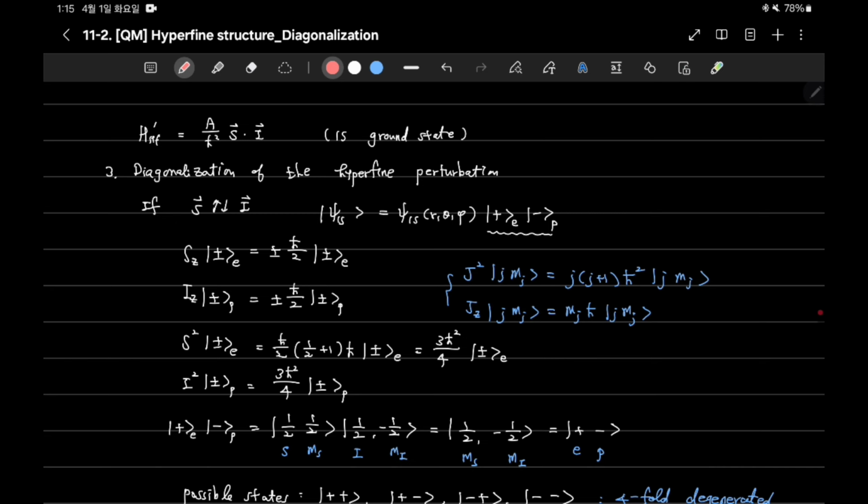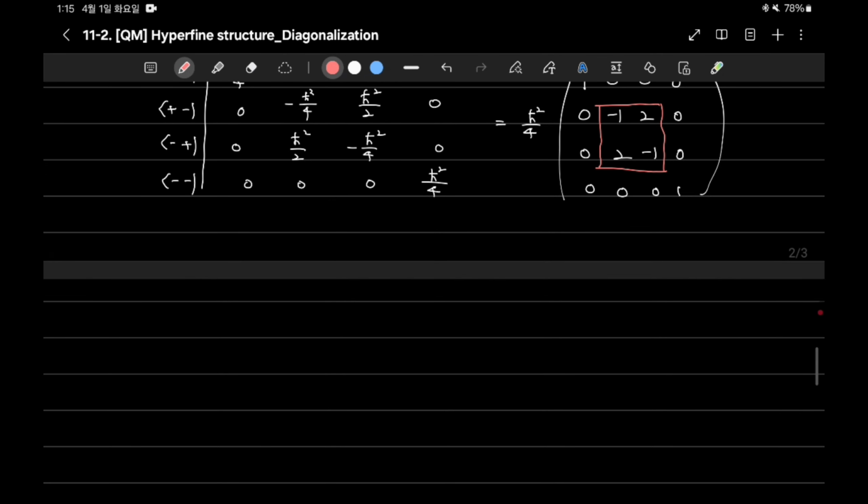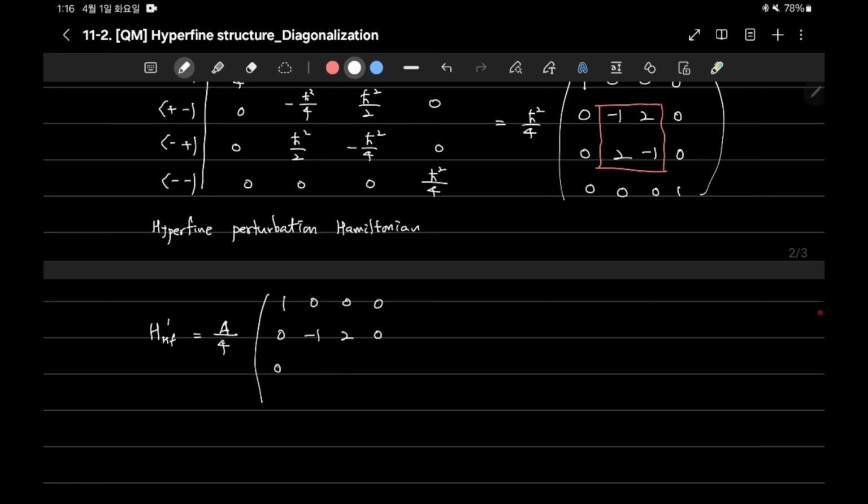So the hyperfine perturbation Hamiltonian is A to the 4, the 1 0 0 0, 0 minus 1 2 0, 0 2 minus 1 0, 0 0 0 1.